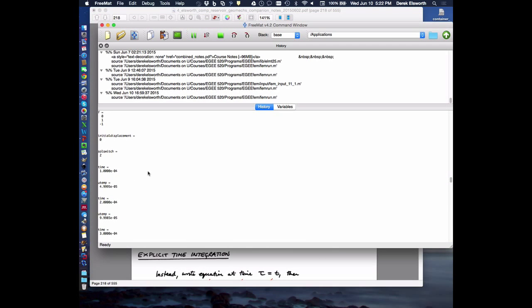And so the time step is 10 to the minus 4, and so utemp time. Let's see what it ends up at. I know what it's doing.